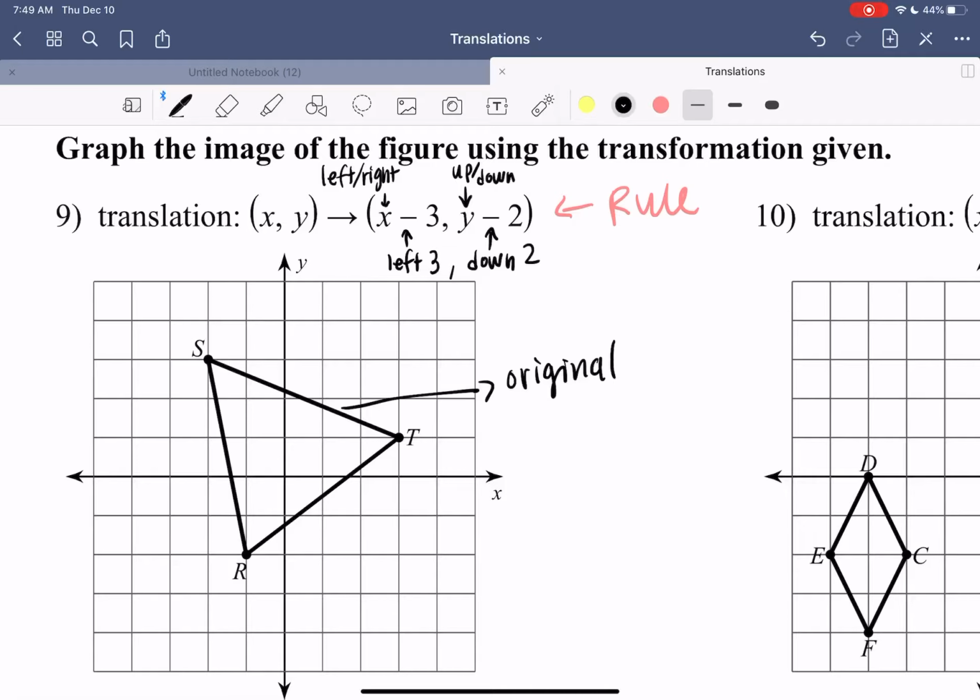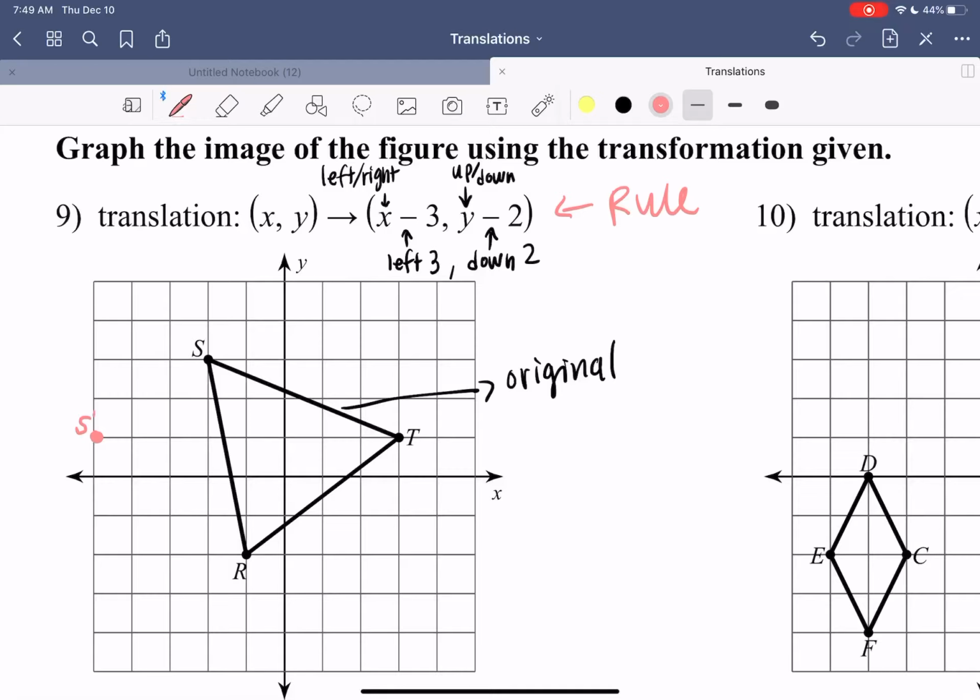So let's go ahead and take them one at a time. Let's start with this S. They're telling us to translate this vertex left 3, 1, 2, 3, and down 2, 1, 2. So it's no longer in the original spot, so what do we have to do?